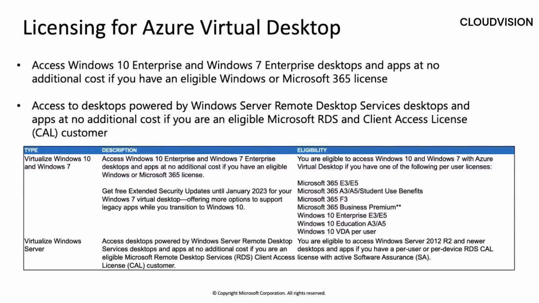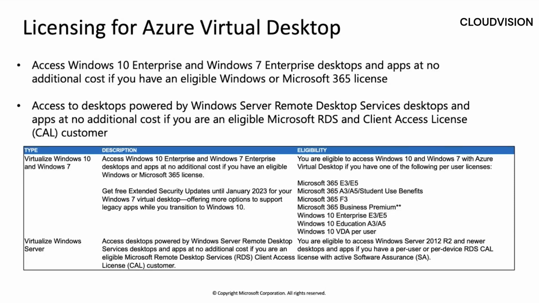Basically, guys, when it comes down to licensing, you can access Windows 10 and Windows 7 at no additional cost if you have the eligible Windows or Microsoft 365 license. This is something good. Most organizations already have such licenses, so that comes at no additional cost.